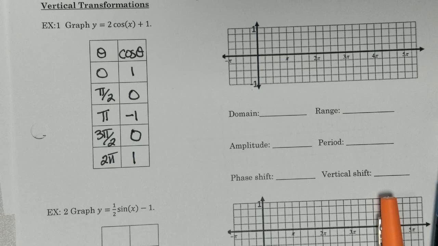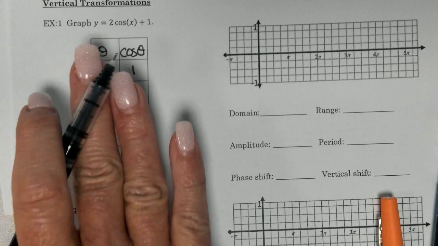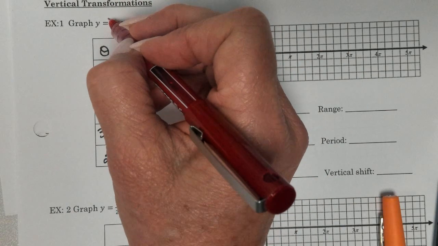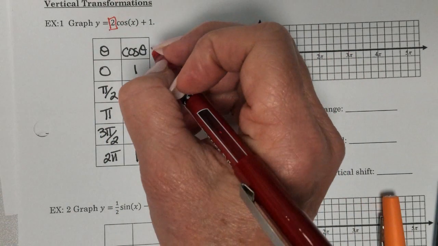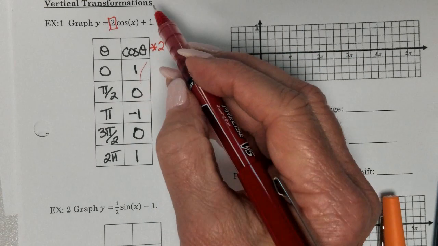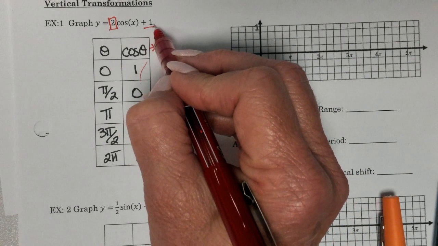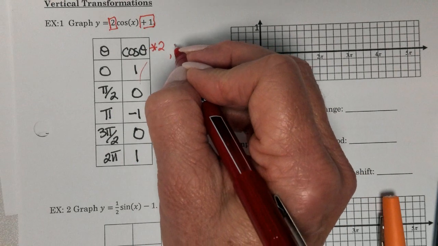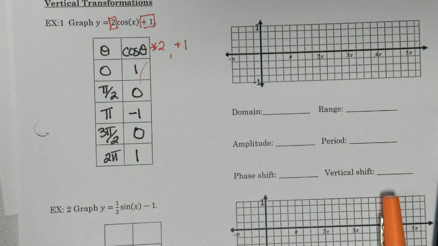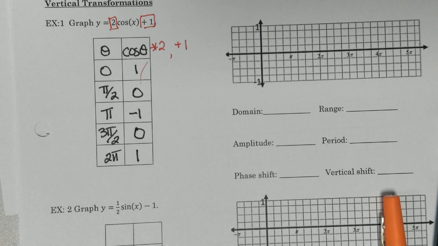Now, this parent function is going to be transformed. We are going to vertically stretch it by 2, so that's times 2. And then this plus 1 over here will be added after we do the stretch. We have to do it in that order. Think of order of operations. We've got to multiply before we add.